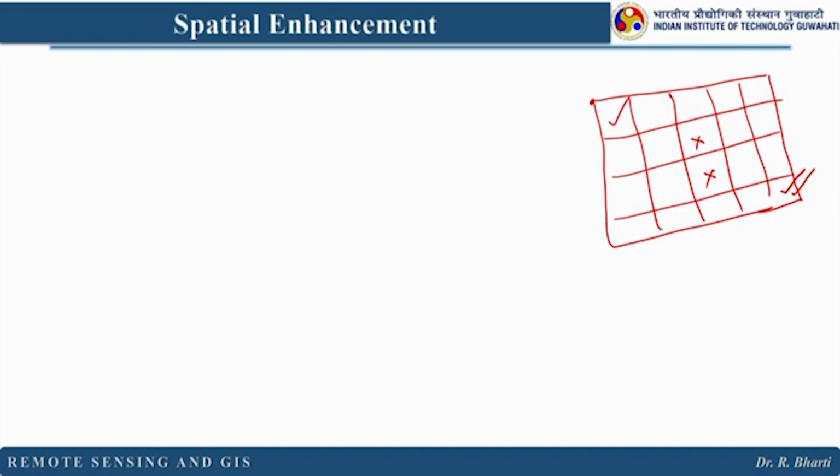So x and y are basically the location values for this pixel. When we are talking about spatial enhancement, we always take care of the location. If you are not taking care of the location, it will not qualify for the term spatial.